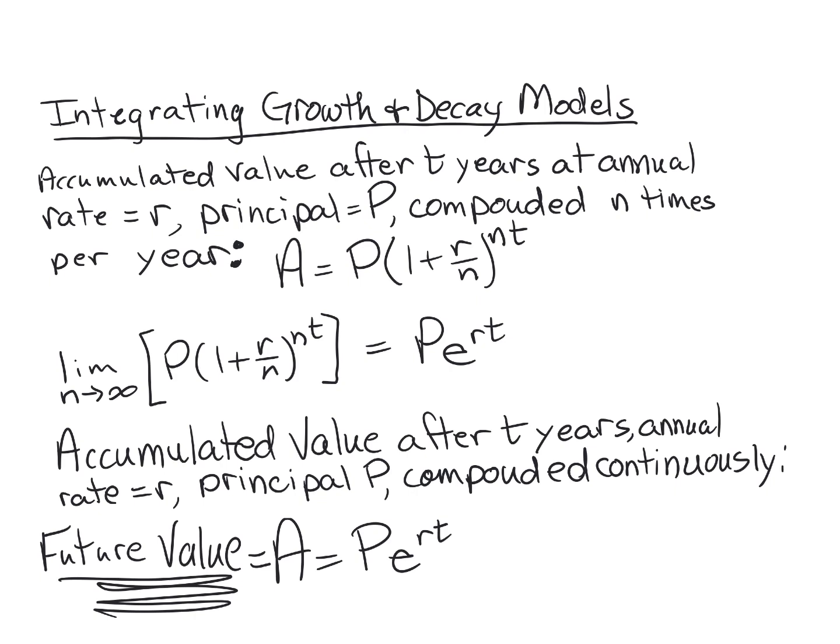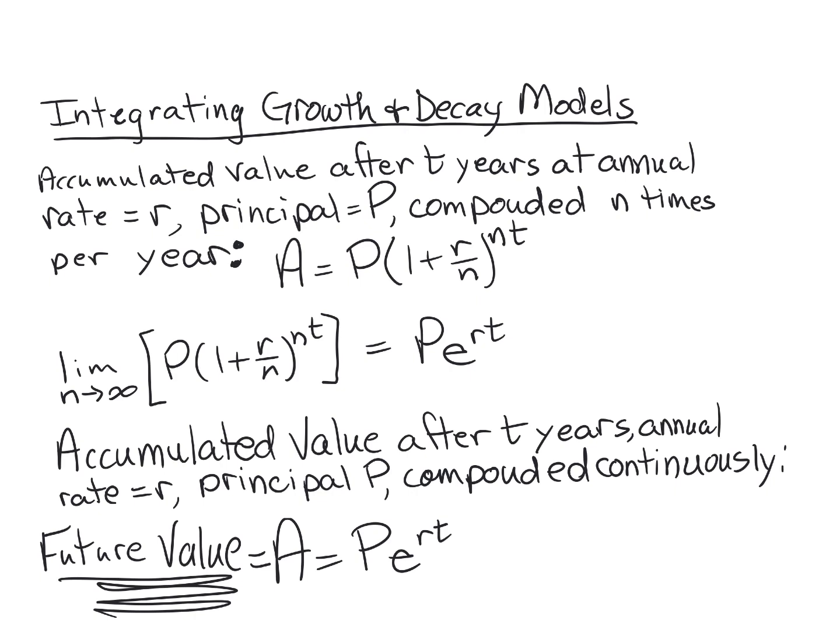Now, in a class that's beyond the scope of this one, if you take the limit as those compounding periods go to infinity, in other words, if you're compounding the interest continuously, and you take that limit as n goes to infinity for your future value, which is what we're going to call this formula, you will get this exponential equation.